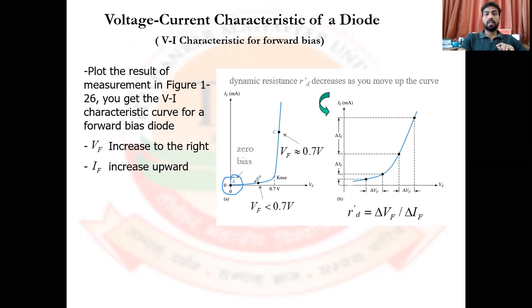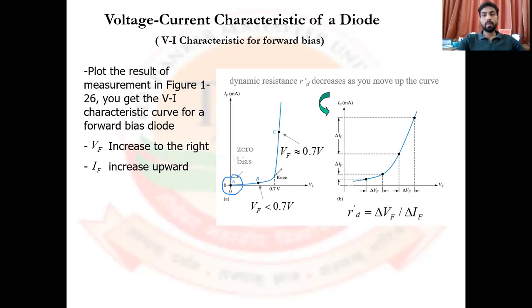This negligible current keeps flowing until the bias voltage reaches 0.7. When it reaches 0.7 volt, suppose we increase the external voltage more, then the current will start increasing because the potential barrier has been removed completely.